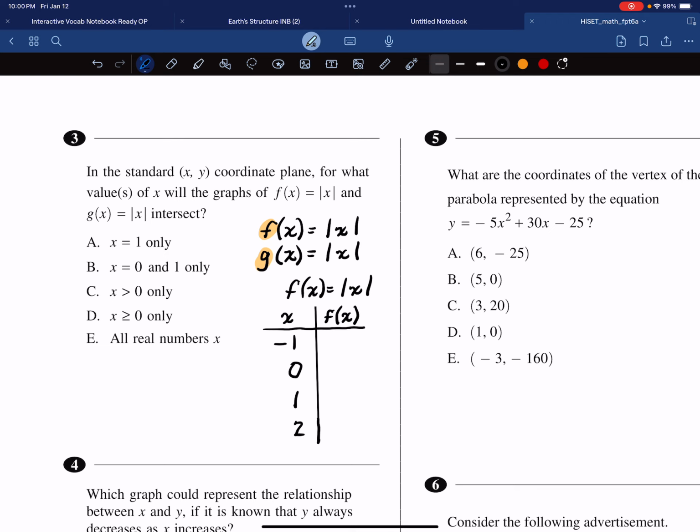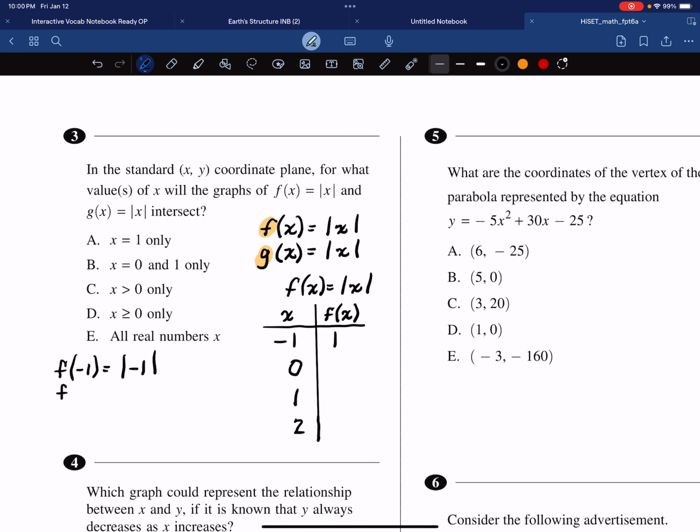So using that f of x, it says that when x is -1, the output will be the absolute value of -1, which is 1. Absolute value is just telling you the number of spaces from 0 on a number line. So a -1 is 1 space to the left of 0. The absolute value is 1.